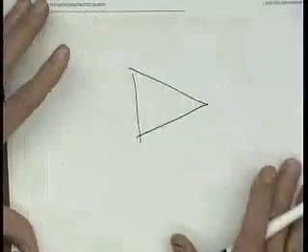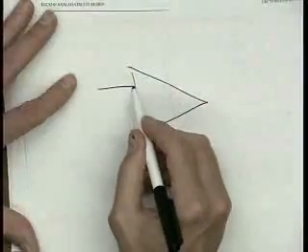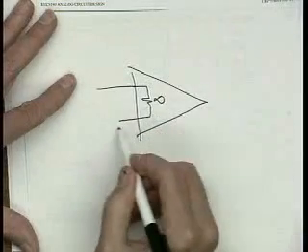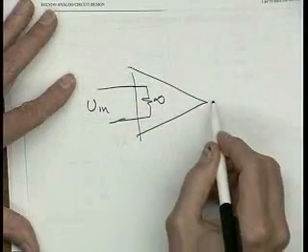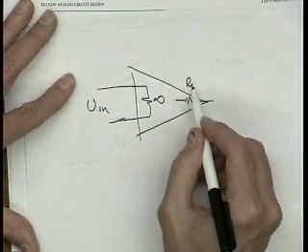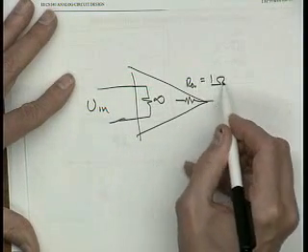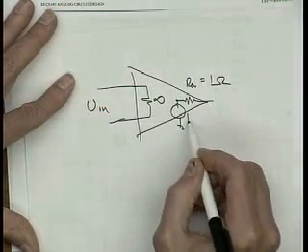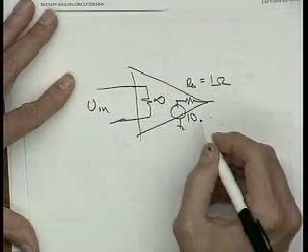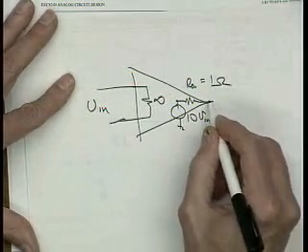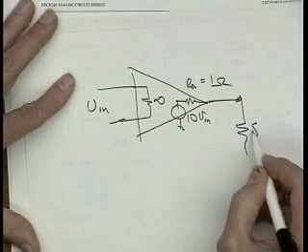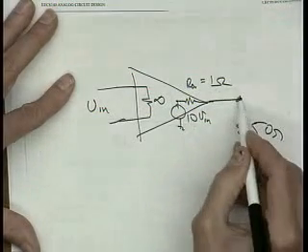My 2-port around the whole thing looks like this. It has an infinite input resistance like I did before, but now it has an output resistance of 1 ohm and a gain of 10, right? Times V in.